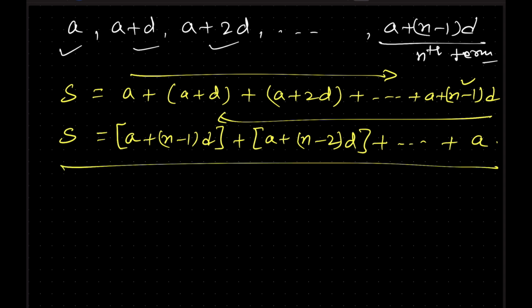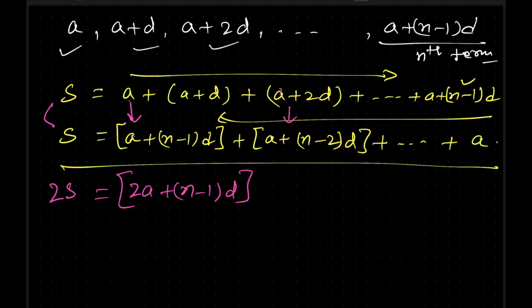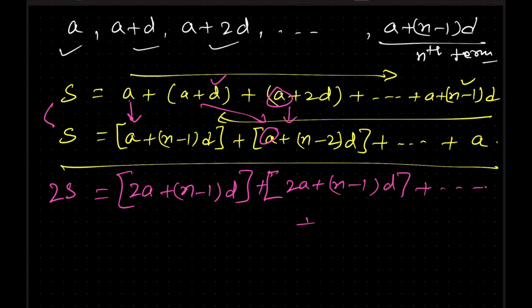Now let's add both these. We can add two equations with no problem. If you add these two equations, you get 2S on one side, and on the other side, adding the first terms gives A and A, 2A plus (n minus 1) times D. Now again add the next terms, so again you get A and A, 2A plus, here we have to add (n minus 2)D and 1D, so you will get (n minus 1) times D. Similarly it will be till the last.